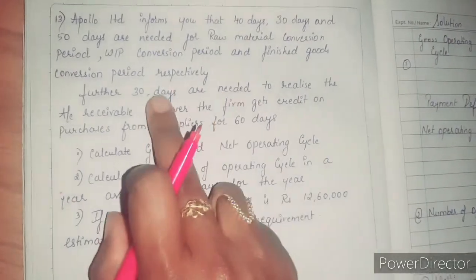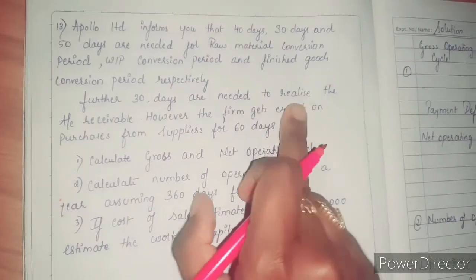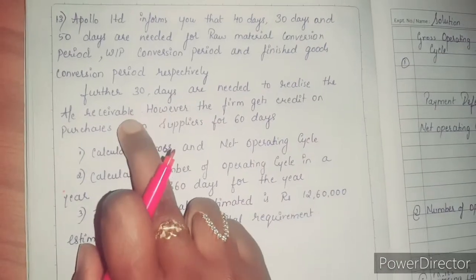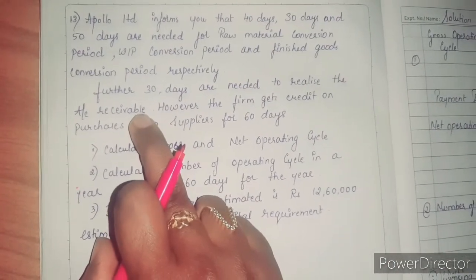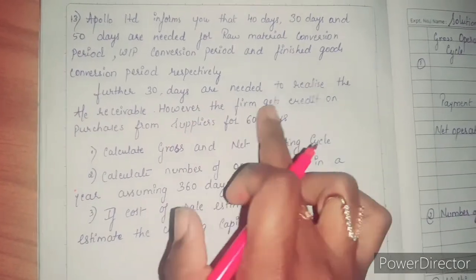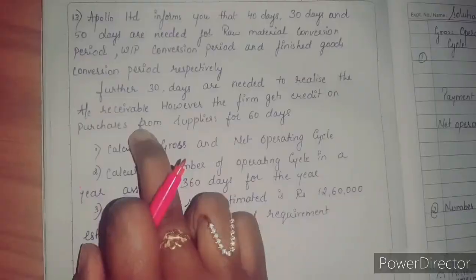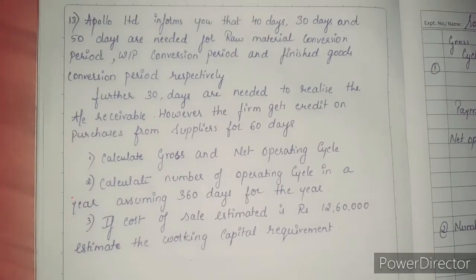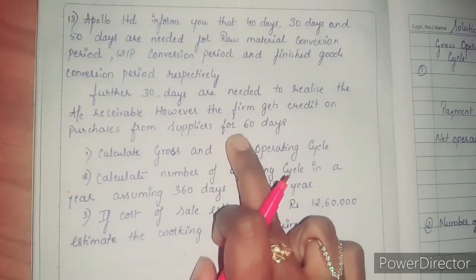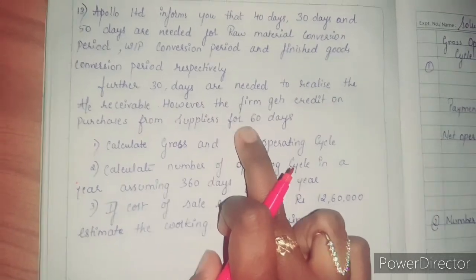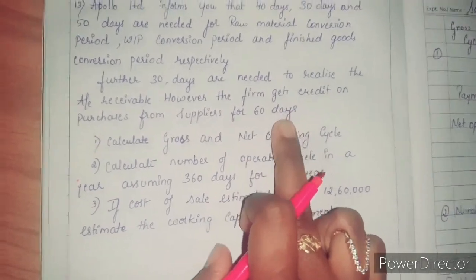Further, 30 days are needed to realize the accounts receivable, that is related to book debt conversion period. However, the firm gets credit on purchase. So the raw material they have purchased from the suppliers is related to payment deferral period of 60 days.